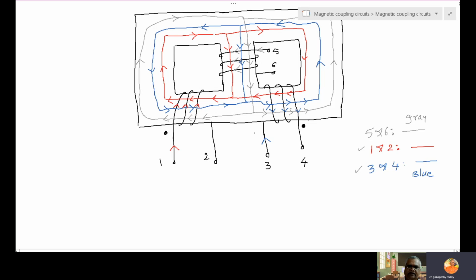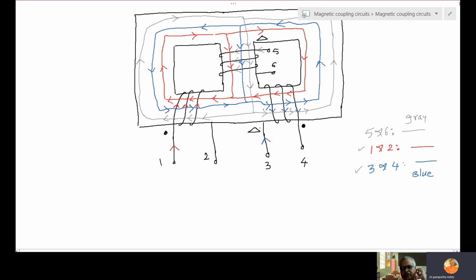But if I place the same dot, what is the confusion? These two are coupled with the dot. If I place a dot here also, confusion. Therefore, now instead of dot, I am using triangle. So triangle is placed at 5 and 3. So 3, 4, 5, 6 coupled with the triangle.